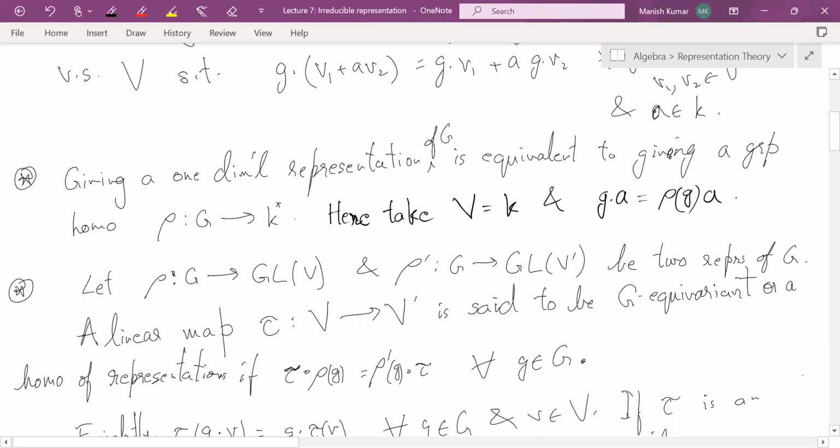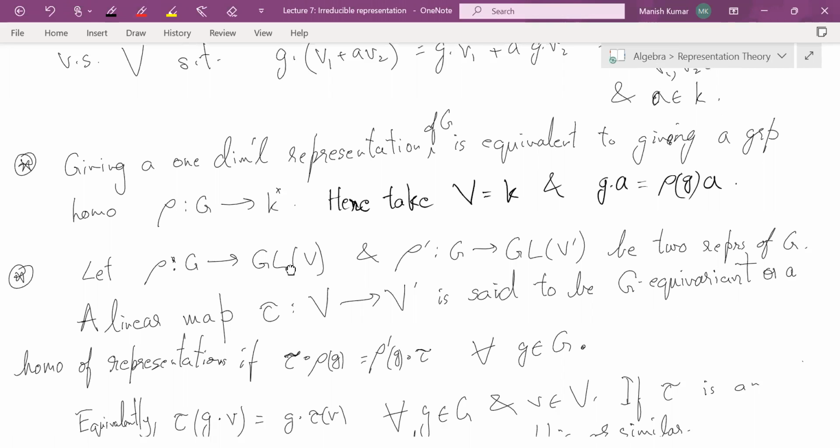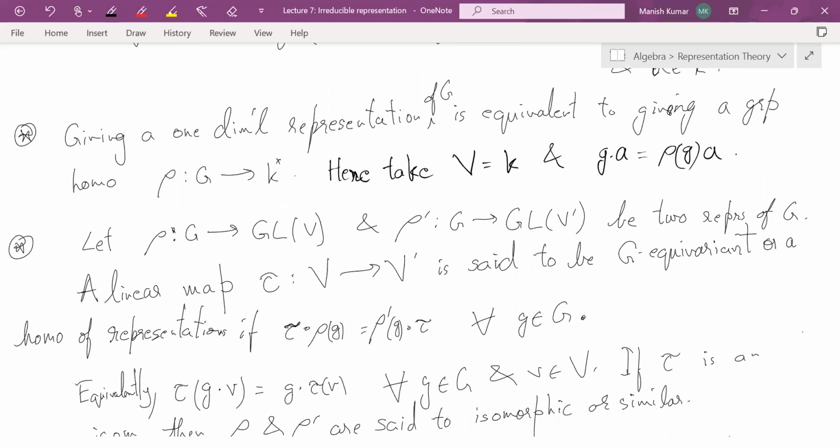So a linear map tau from V to V prime is also sometimes called G-equivariant. It's called G-equivariant, or a homomorphism of representation, if this tau commutes with the G action on V and V prime respectively. So what it means is that rho G acts on V. Rho G applied to an element of V will send it to V, and then you apply tau, you get into V prime.